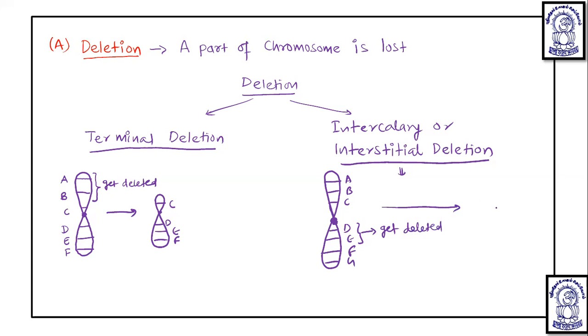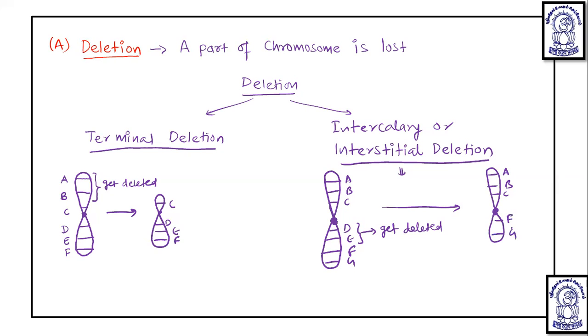So the chromosome will look like this: A, B, C remain the same, but D and E get deleted, so F and G will come here.